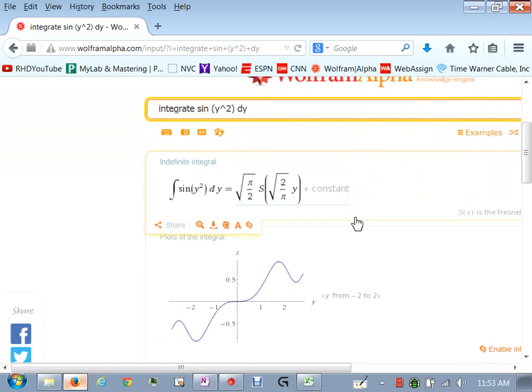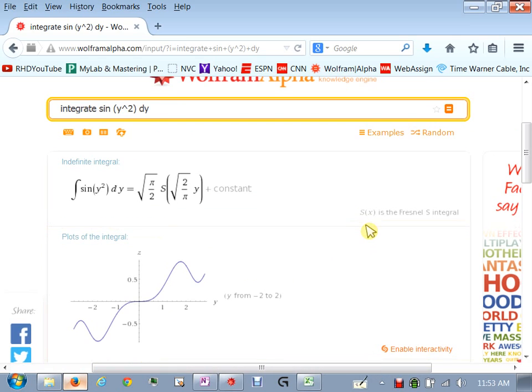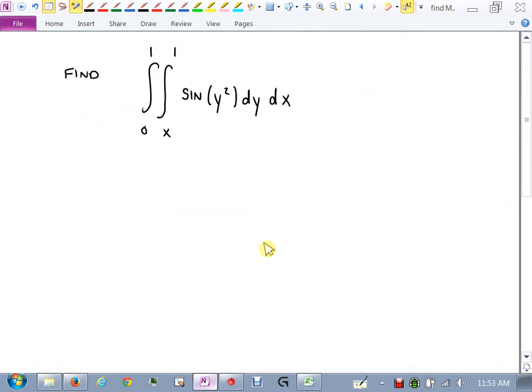So it gives you square root of pi over 2 times capital S of the square root of 2 over pi y, plus a constant, where S of x is the Fresnel S integral. What the hell is that? Well, it's nothing that we've seen, so it's definitely nothing we're going to be able to do, right? So we appear to be stuck.